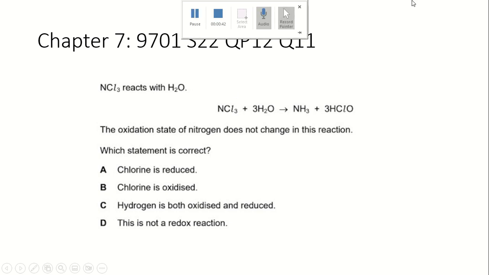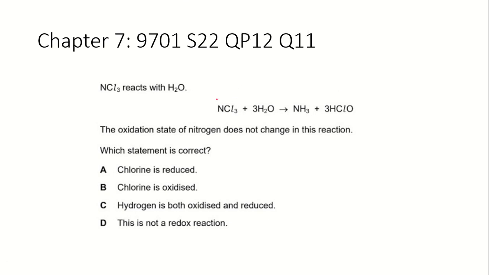So first we have NCl3. Now we know that the oxidation state of nitrogen does not change. So I have two nitrogen compounds here, NCl3 and NH3. Hydrogen is usually plus 1 because it has only one electron. So if hydrogen is plus 1 here, let's say nitrogen is x.